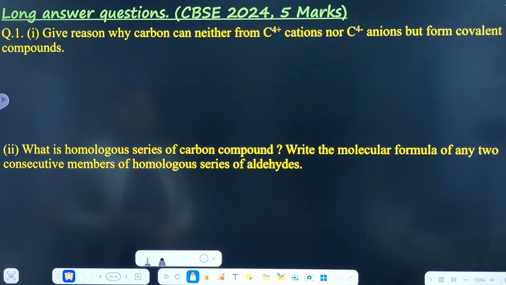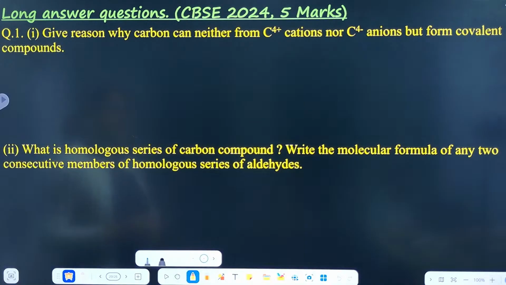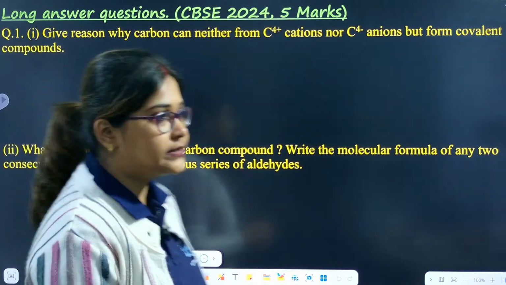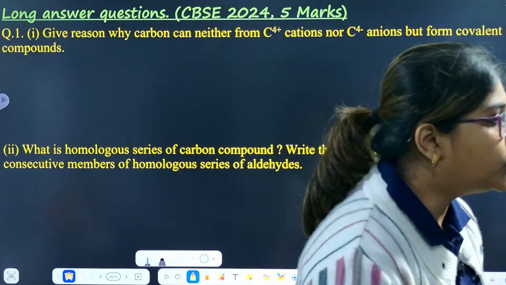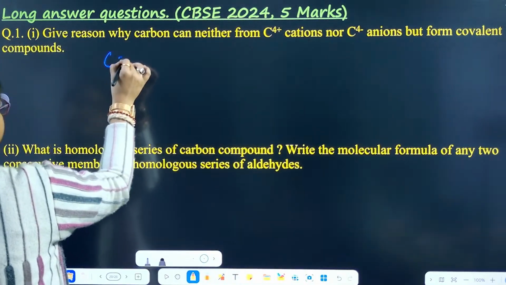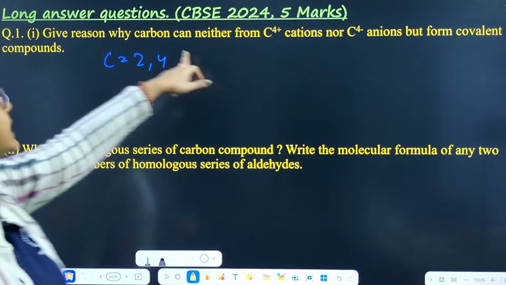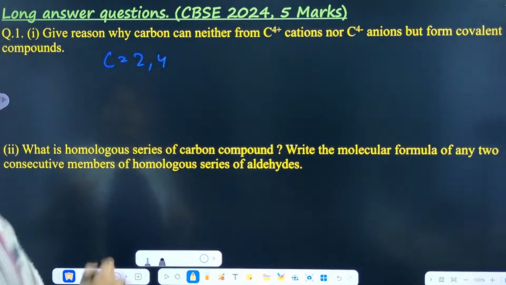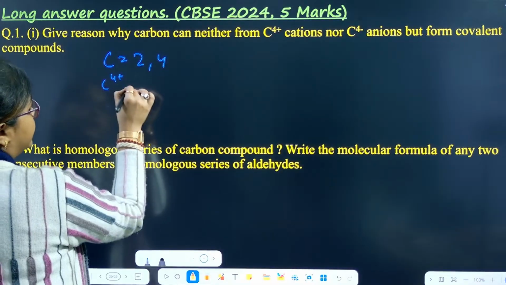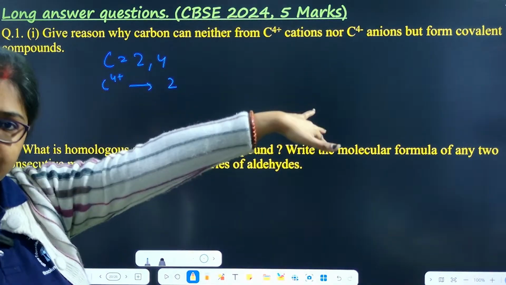Give reason why carbon can neither form C4+ cations nor C4- anions but forms only covalent compounds. So if you see carbon, its electronic configuration is this. If it has to form C4+ cations, it will have to lose all the 4 electrons.